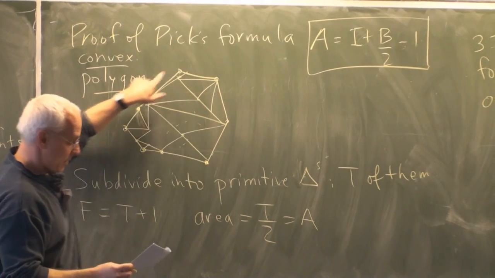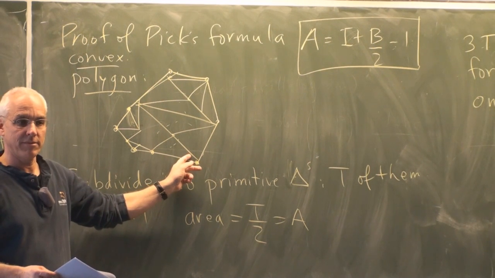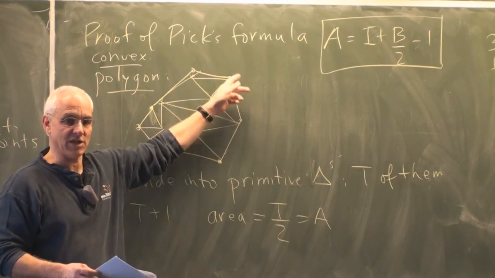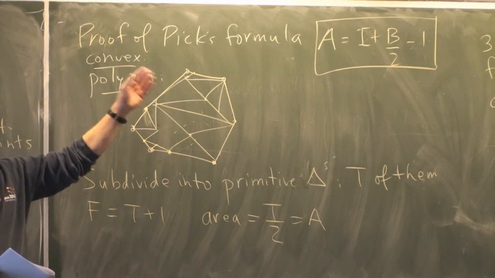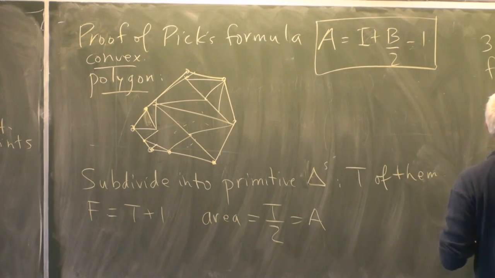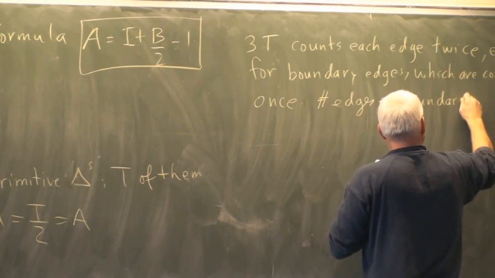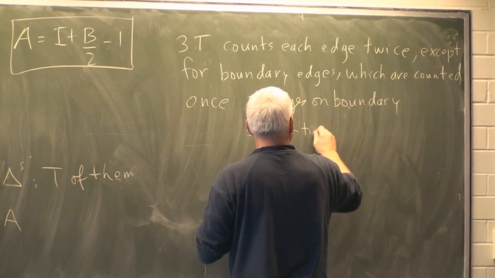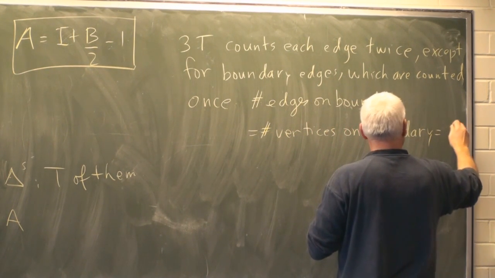The number of edges on the boundary is the same as the number of vertices on the boundary, because it alternates vertex, edge, vertex, edge. And so that's what we are calling B in our formula. The number of vertices on the boundary is B. So the number of edges on the boundary equals the number of vertices on the boundary, that's equal to B.